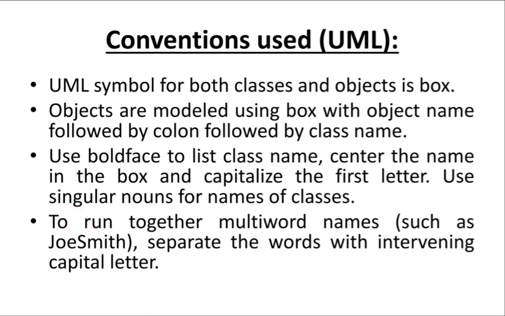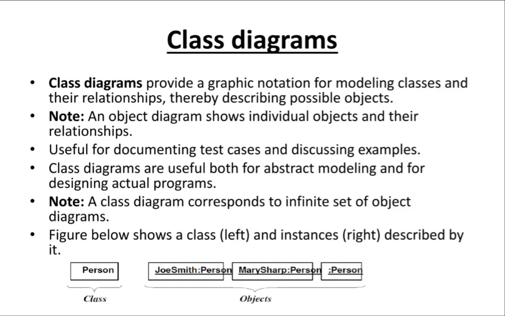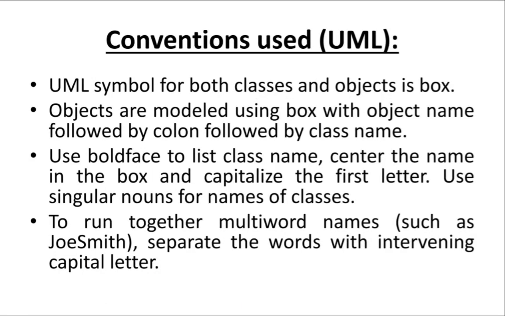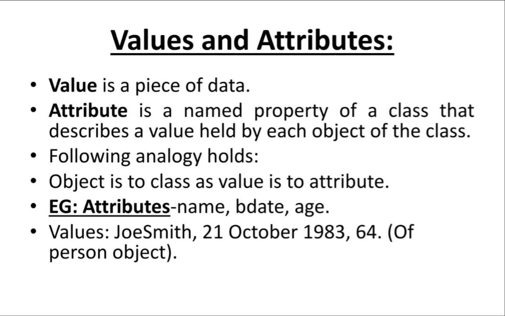Here also I used it like that. For Mary Sharp, M is capital, S is capital. For Joe Smith, J is capital, S is capital. So if you have any multiple words, you have to separate the words with a capital letter. These are the conventions you have to use while graphically representing the class. UML conventions you have to use like this. Hope you are understanding, guys.